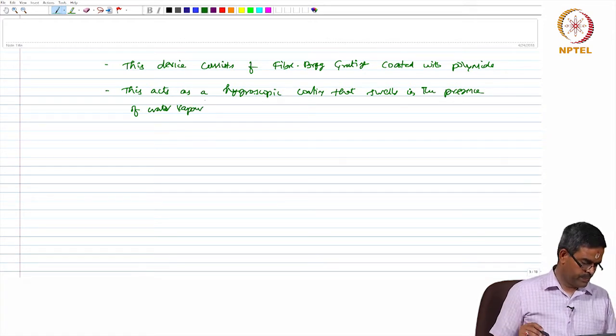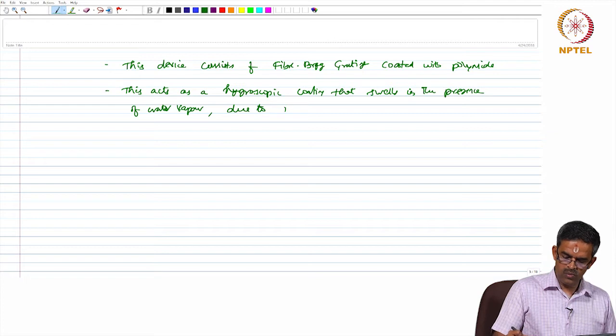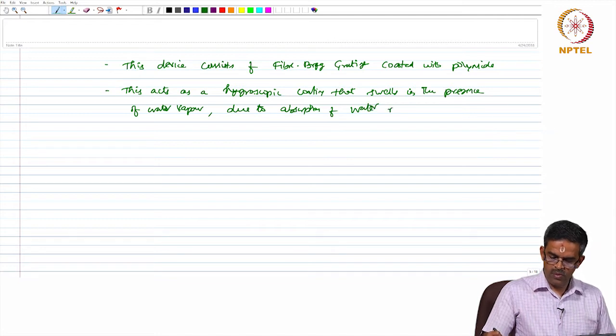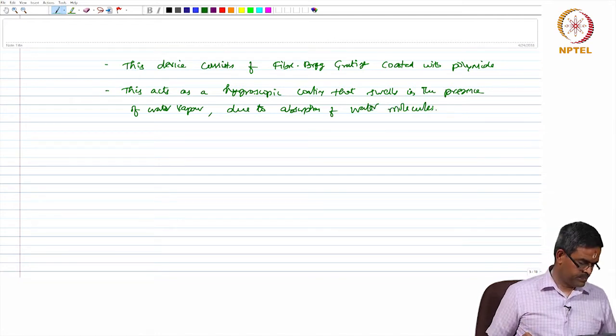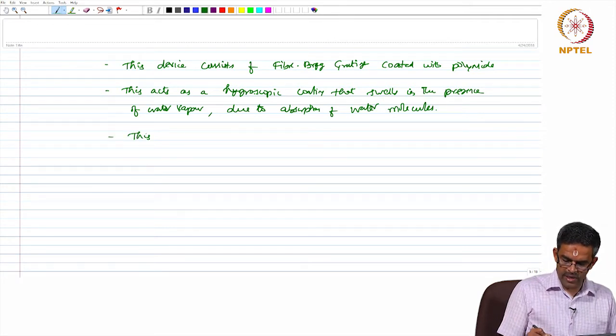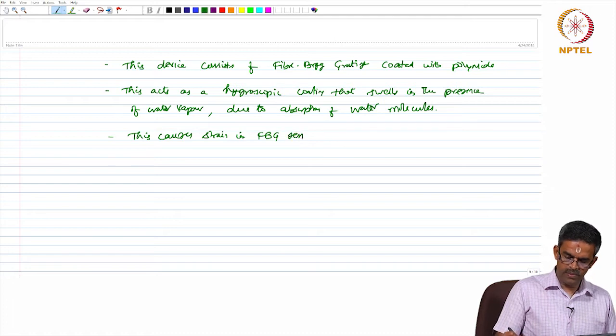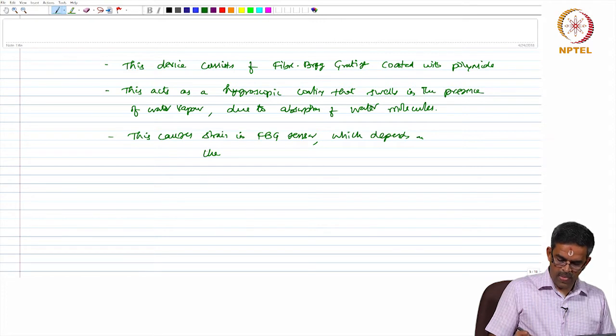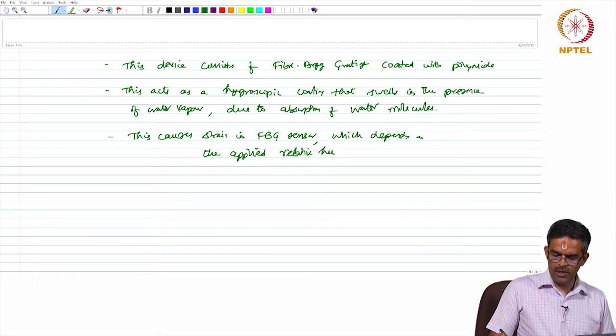Water vapor, due to absorption of water molecules, causes strain in the FBG sensor, which actually depends on the applied relative humidity linearly.